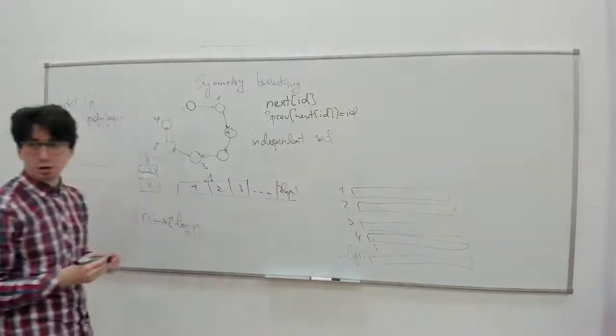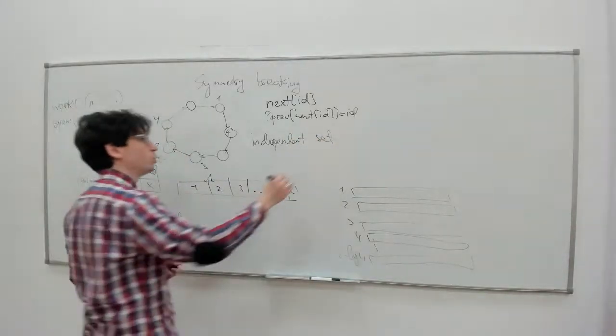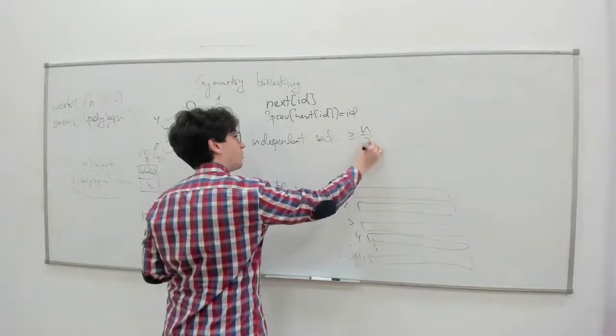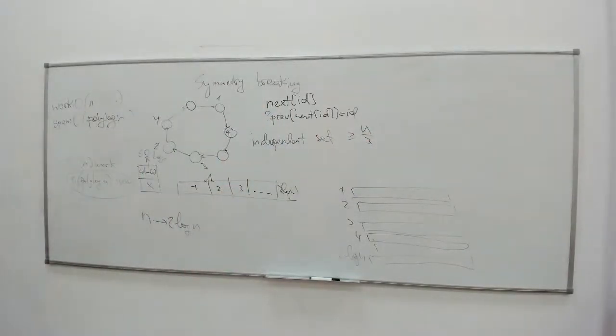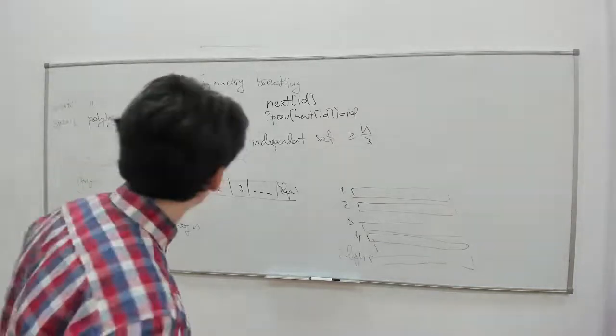Our goal is to have this independent set be bigger than n over 3. Since you color this in 3 colors, you will have an independent set of at least n divided by 3, because you can choose some color. This will be important in our next problem.